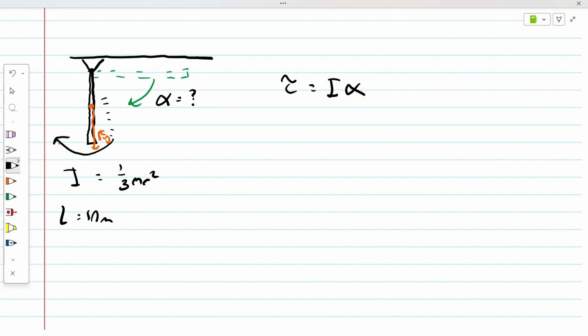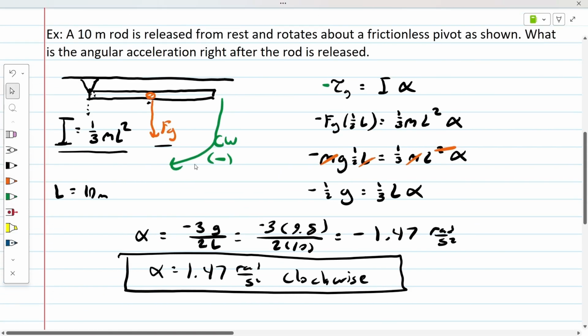So I did actually mention last time, but we used the force due to gravity times R equals I times alpha. But I didn't mention the torque, of course, needs to be multiplied by sine of theta. But in this first case, we had an angle of 90 degrees right here. So sine of theta is just going to equal 1. So we don't even need it if it's perpendicular.